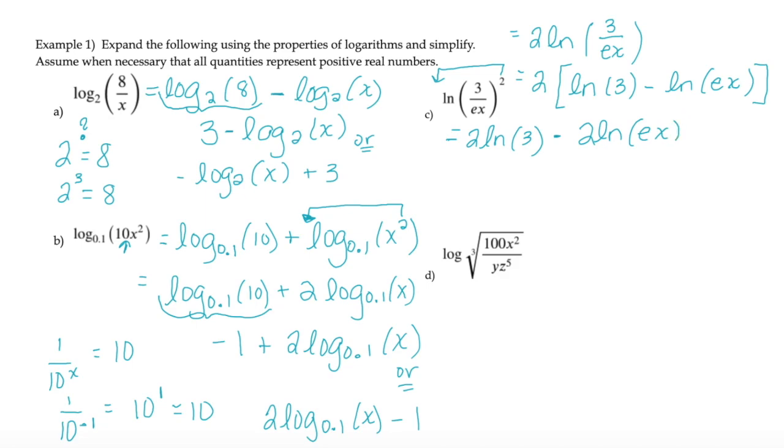Now, e times x here is a product, so we can use the product rule in order to separate them apart. So I'll have 2 times the natural log of 3 minus 2 times all of this, the natural log of e plus the natural log of x.